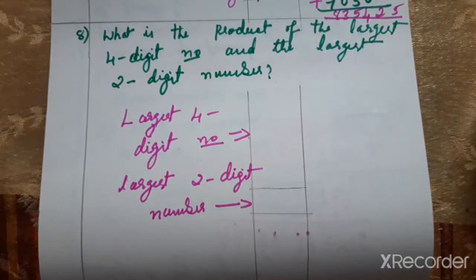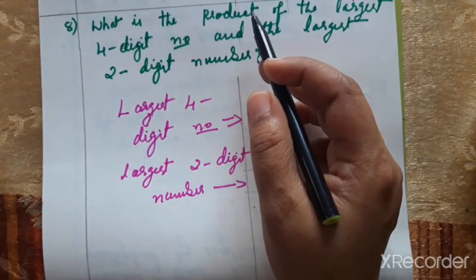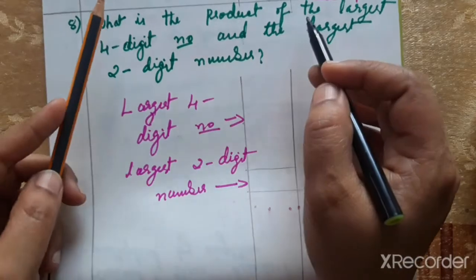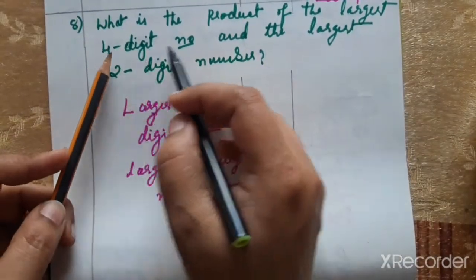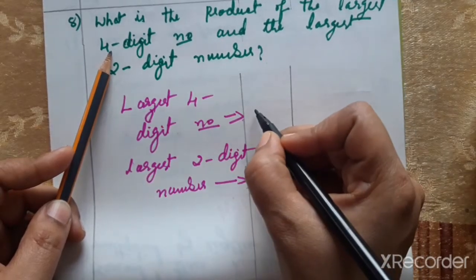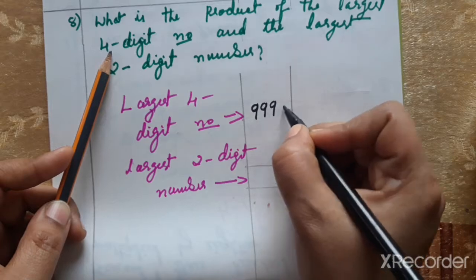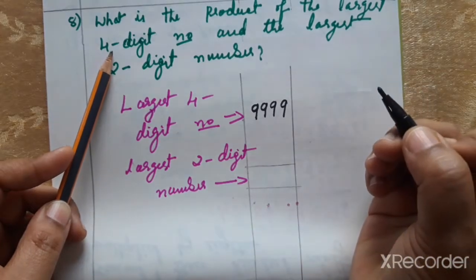Now here, what is the product? Product means multiply. We should multiply, children. Product of the largest 4 digit number and the largest 2 digit number. Largest 4 digit number means 4 times 9.